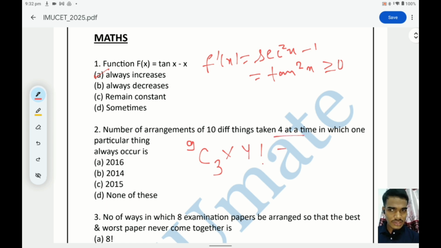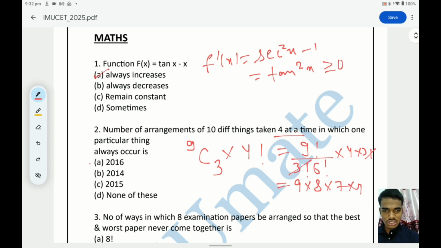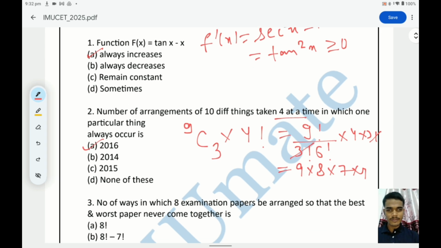If we solve it, we get 9 factorial upon 3 factorial into 6 factorial, into 4 into 3 factorial. 3 factorial and 3 factorial cancel out, and we get 9 into 8 into 7 into 4, which is 2016. Option A is the correct answer.